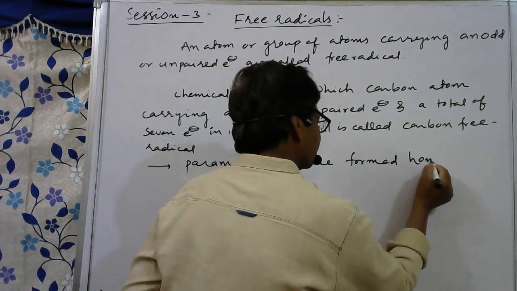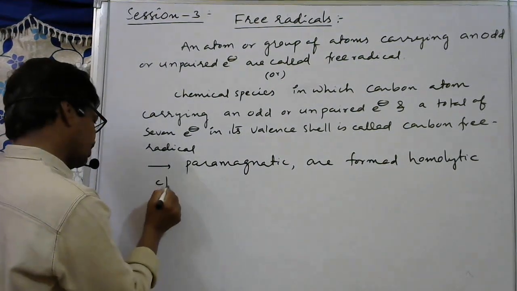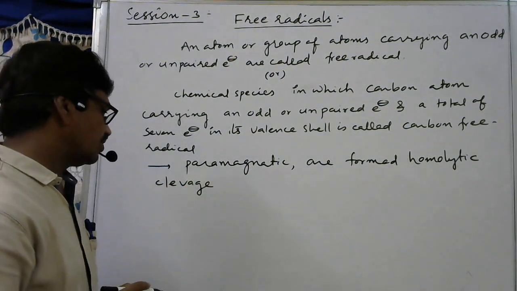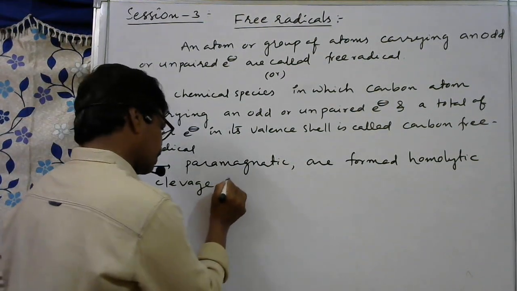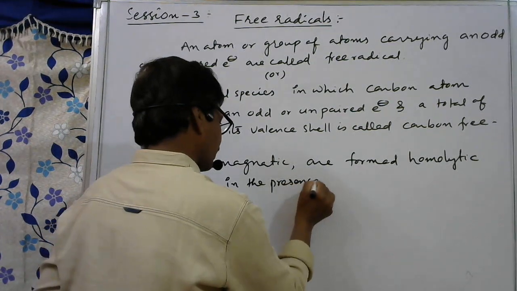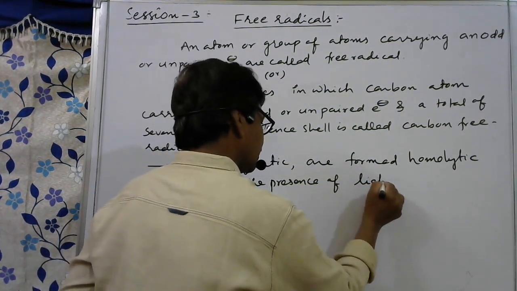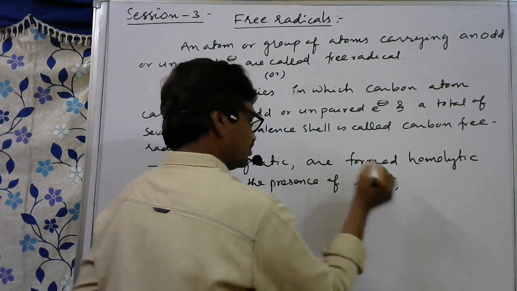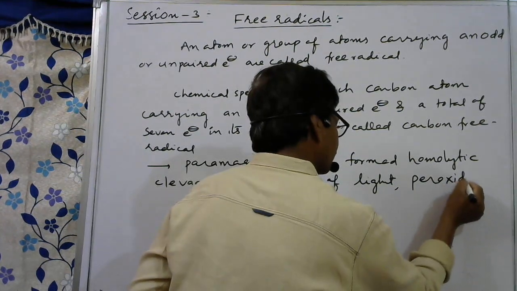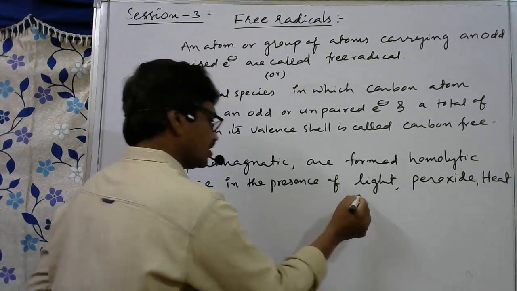These are paramagnetic and are formed by homolytic cleavage, which requires more energy, in the presence of light. Light means UV light, otherwise peroxide or heat. These are the conditions.